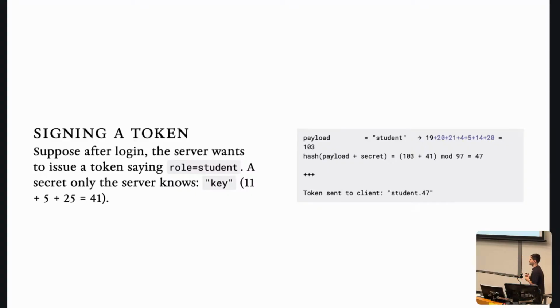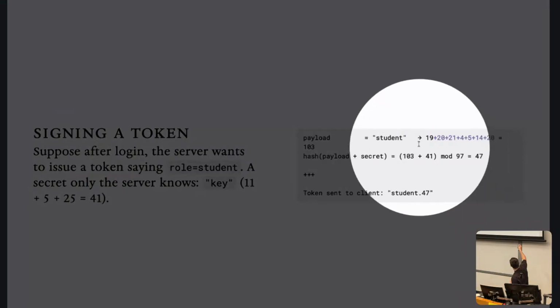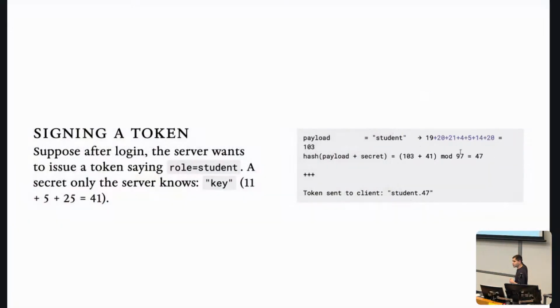In this case, we're signing the role of the object. So we assign a numerical value to each of the characters in the word student. So 19, 20, 20, whatever. We add those up. You let me know if you need to work through it together. So we add those up, we get the hash 103. Now that's the hash of the payload.